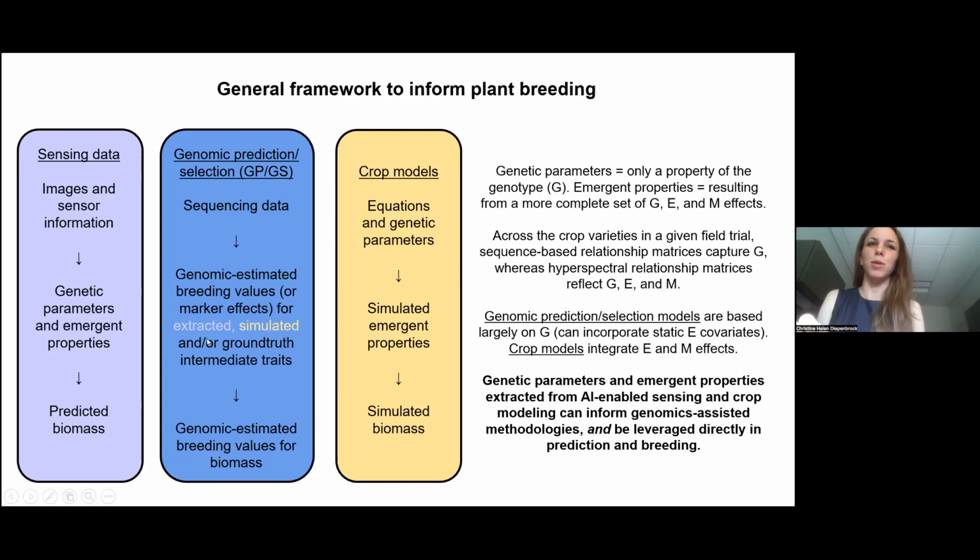So we could bring over information from sensing data, from extracted features therein, or we could bring in simulated emergent properties, et cetera. So I've done this before where I show a very large number of arrows going between these, and suffice it to say, there are some really great opportunities for integration, but the goal would be that any 1, 2, or 3 of these could run in tandem depending on the data that's available.